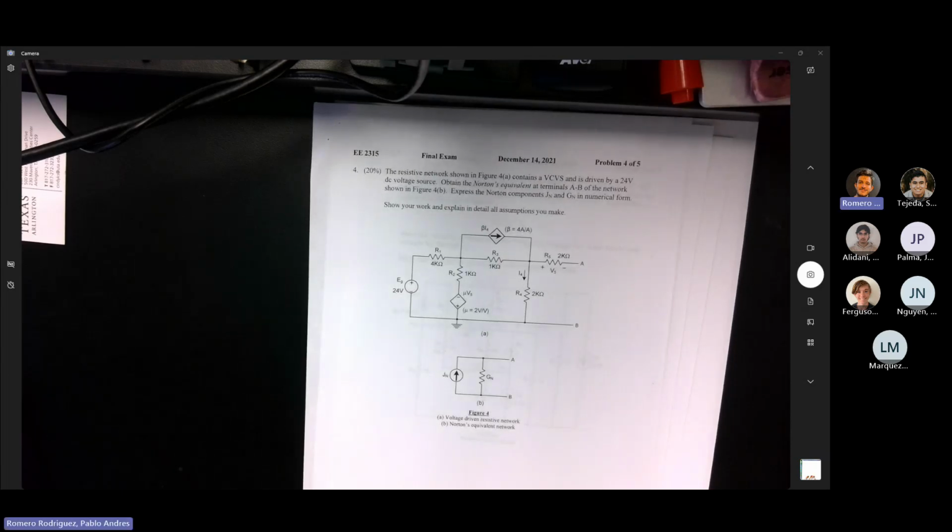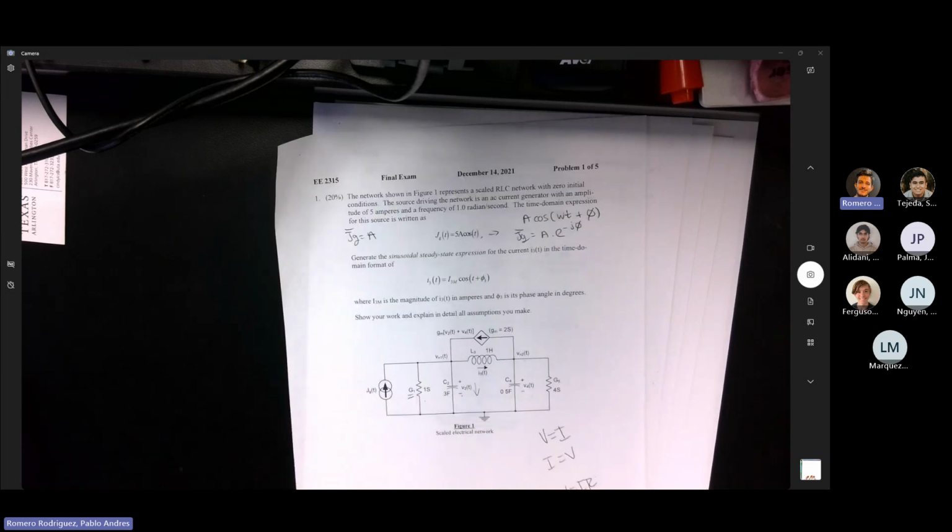Wait, is that topics on the exam? Yeah. Thevenin's and Norton's, first order, either RL or RC, and sinusoidal steady state. Yep.